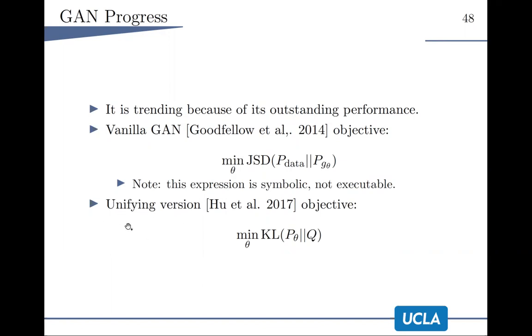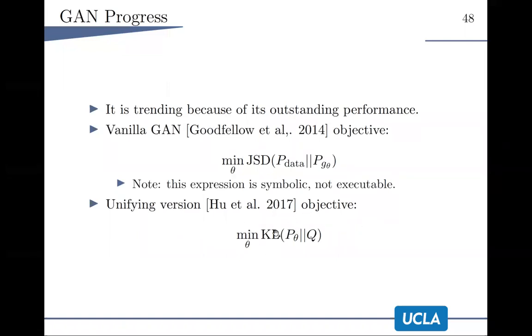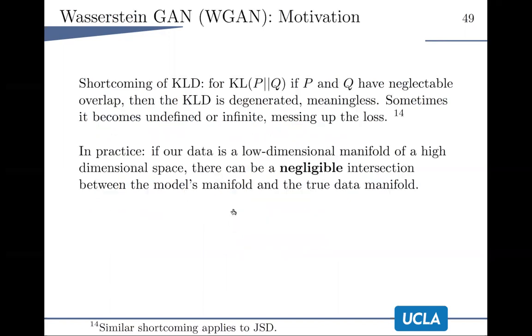It's just the idea. And there's a unifying version of the objective, to compute the KL divergence of the P theta over Q. It's in this work just mentioned briefly. And there come some very interesting applications worth mentioning in this class.